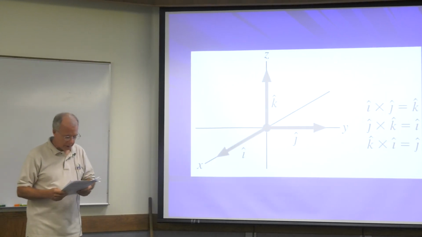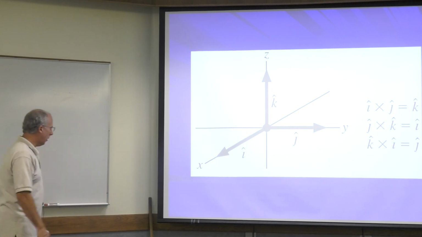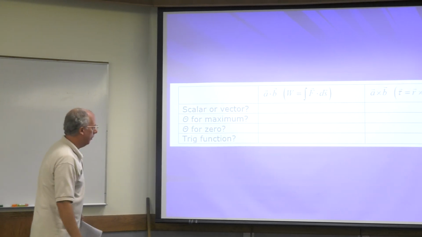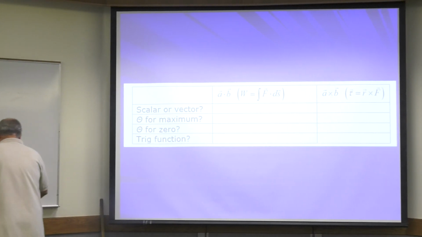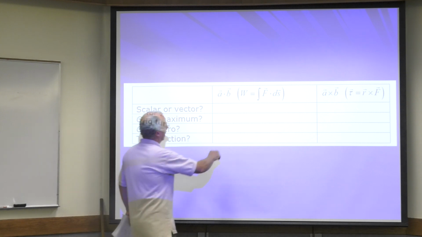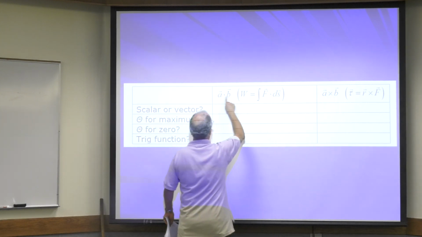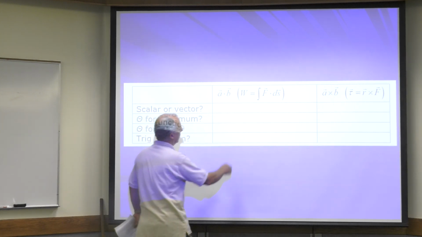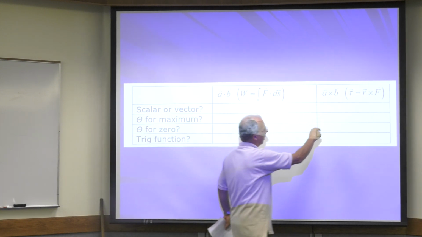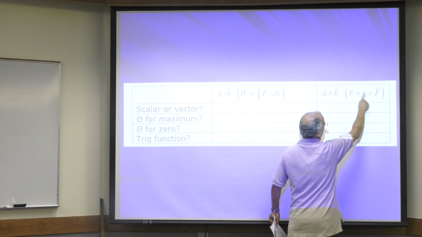All right, so let's compare this vector cross product to the scalar dot product. Okay, what's this? Vector or scalar? Obviously, it's work with no vector sign, so that's scalar. Here, it's vector. Agree?